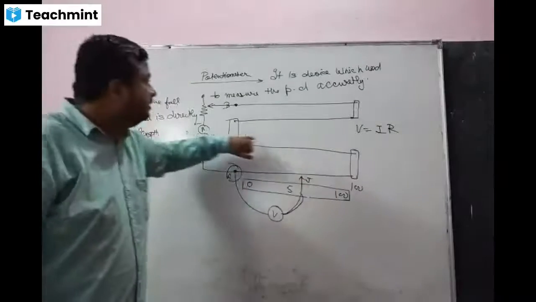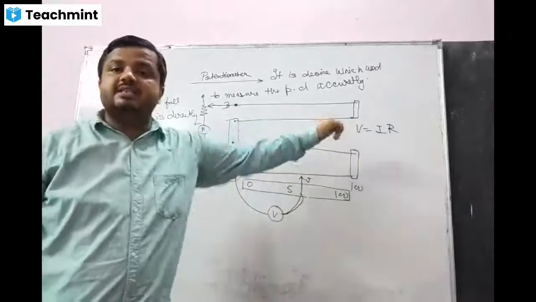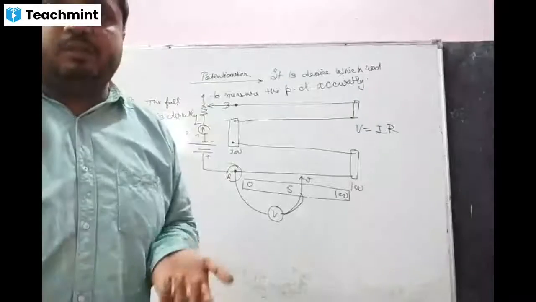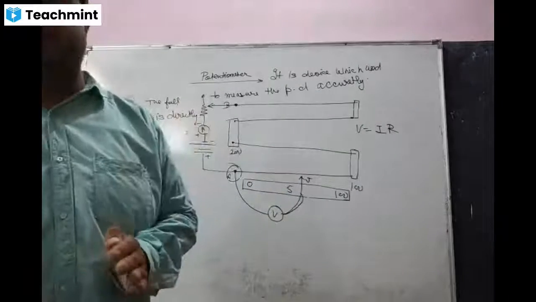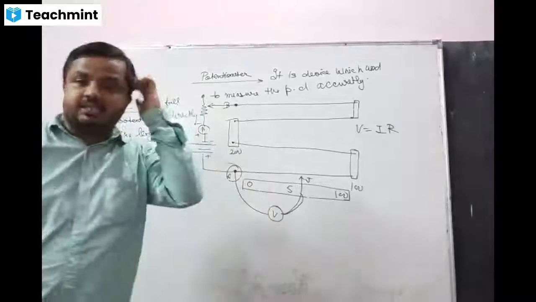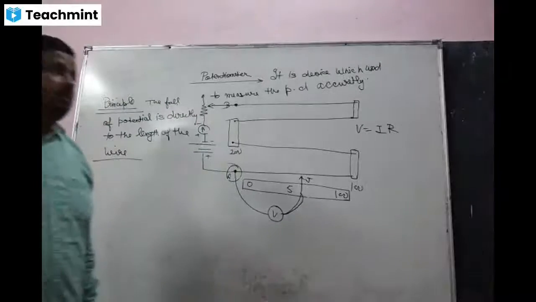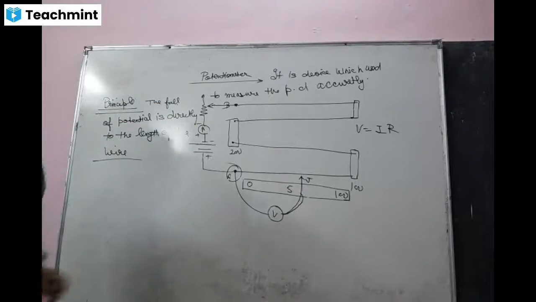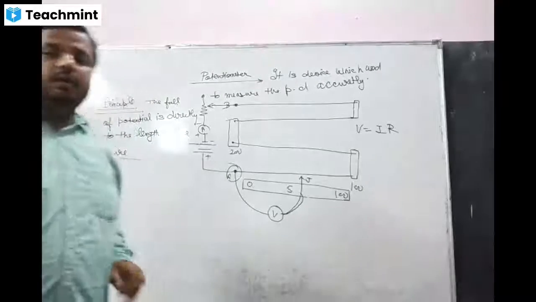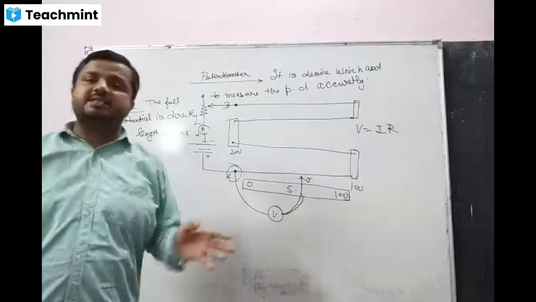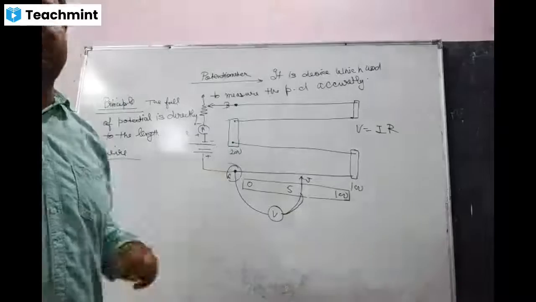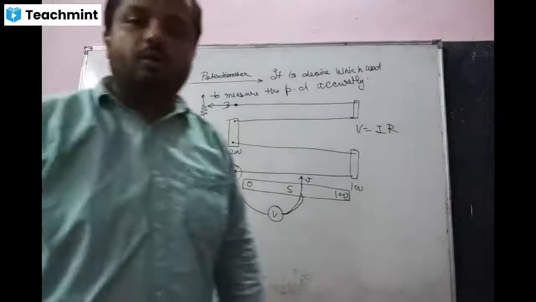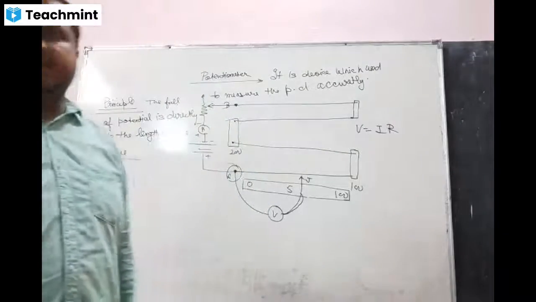At other points, the resistance increases. As the length of the wire increases, the potential decreases. According to the potentiometer principle, the fall of potential is directly proportional to the length of the wire. Okay?